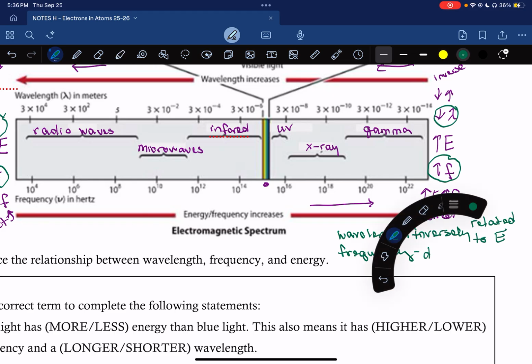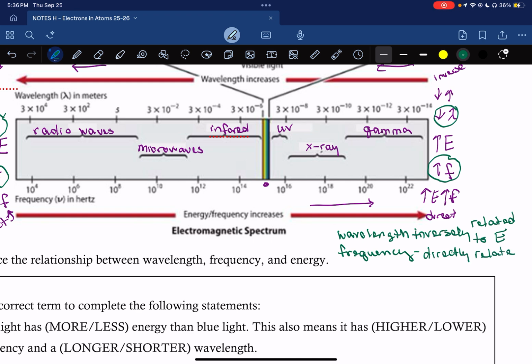Frequency is directly related to energy. This is the biggest takeaway here. And wavelength is inversely related to energy.